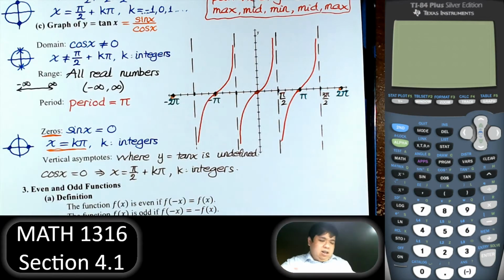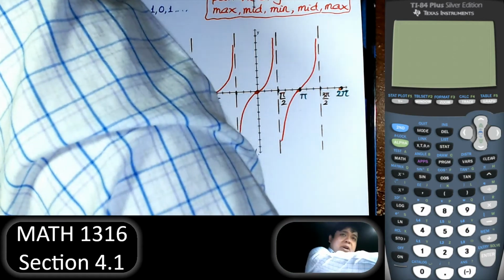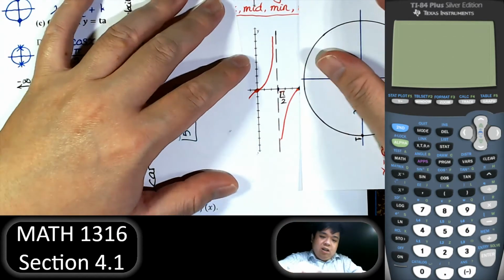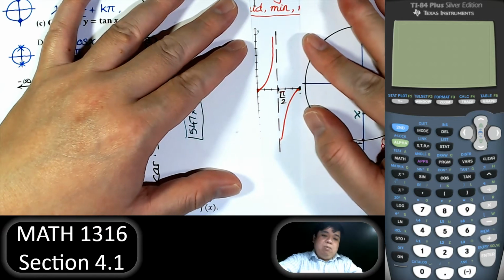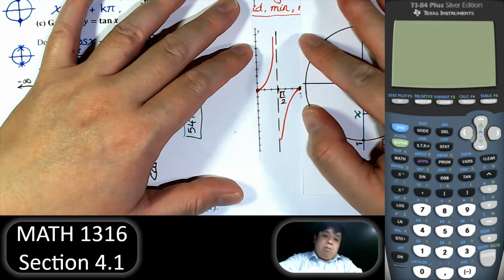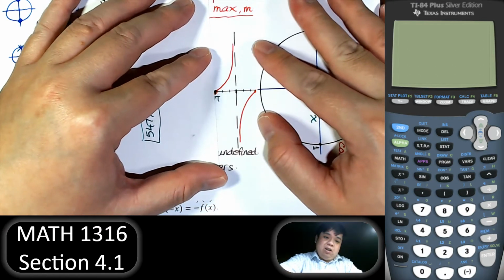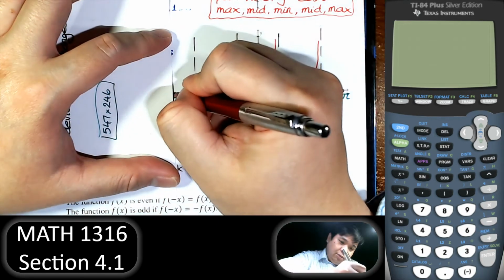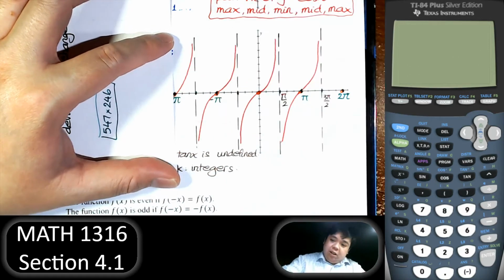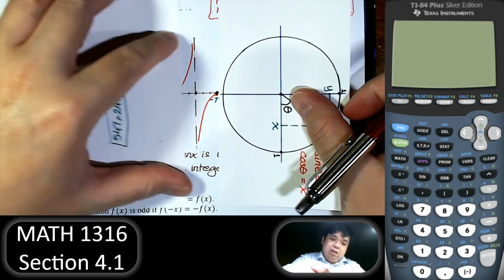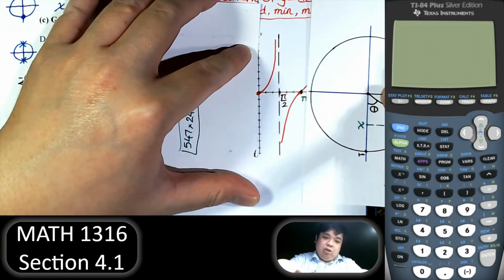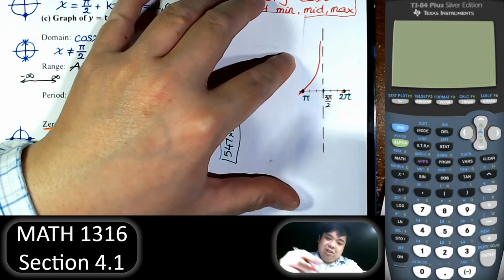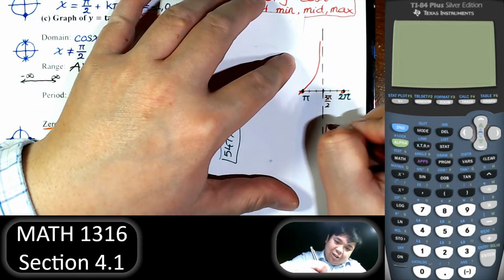Of course, one period of tangent is pi, so just copy and paste that part. Yeah, so this is one period. You see the graph is still the same, right?